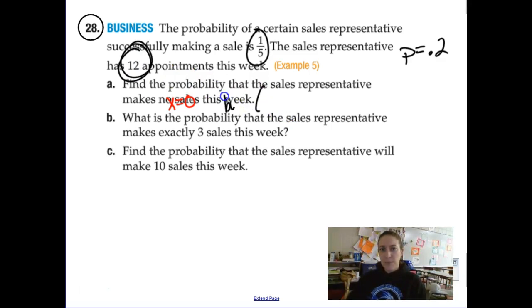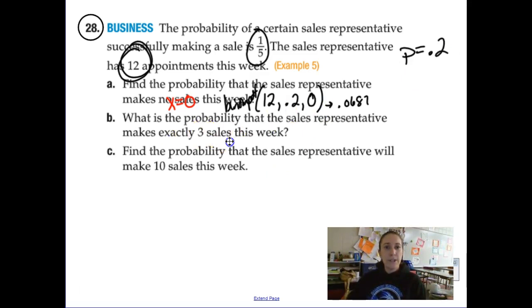So in your binomial PDF, you have 12 trials, you have a 0.2 chance of success, and what's the probability of having no successes? So I already typed that in, and it comes out to 0.0687, so 6.9% roughly.